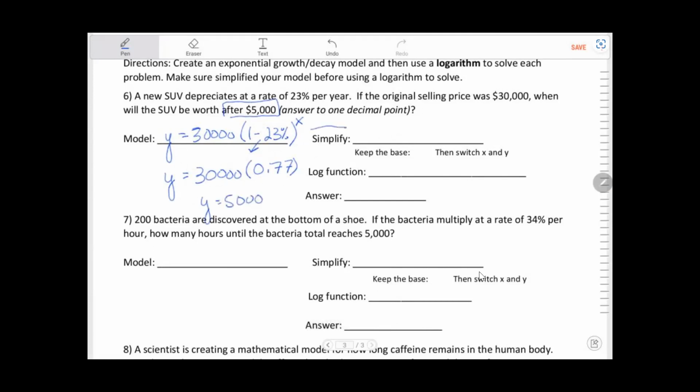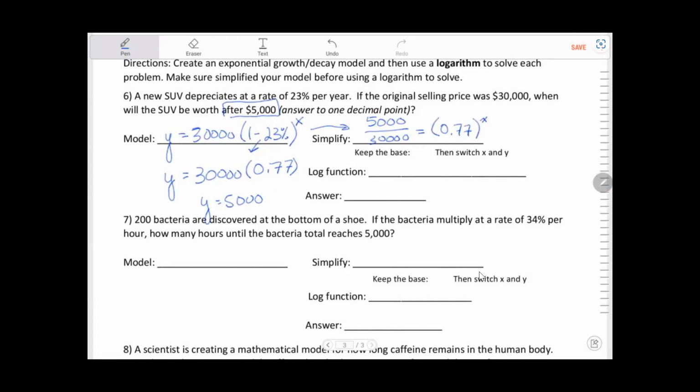So we're going to rewrite this as 5,000 divided by 30,000 equals 0.77 to the x power.